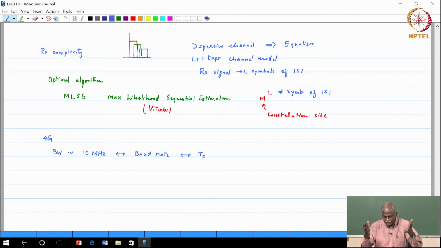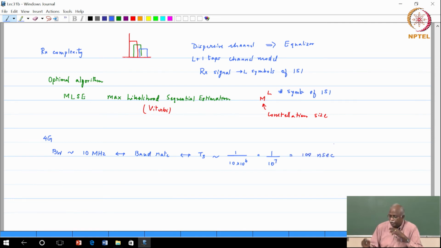Which tells me that my symbol duration is approximately 1 over, let me not say equal to, because with pulse shaping and other things it will be slightly different, but you can make it a fairly good approximation. This is 1 over 10 into 10 power 6, which is the same as 1 over 10 power 7, which is approximately 100 nanoseconds.